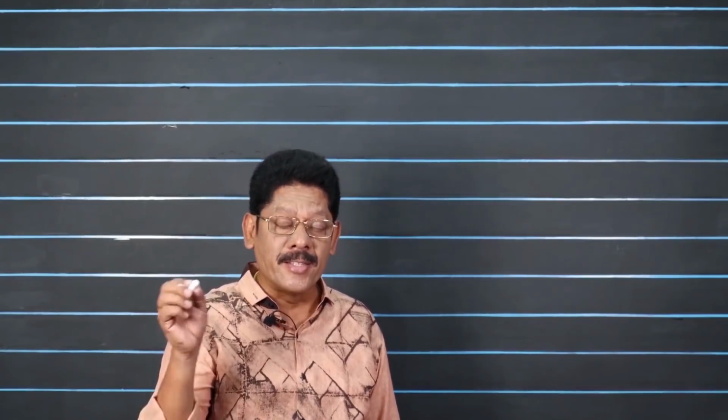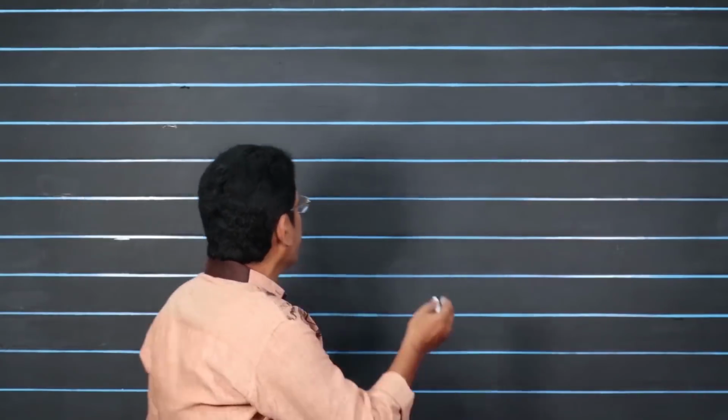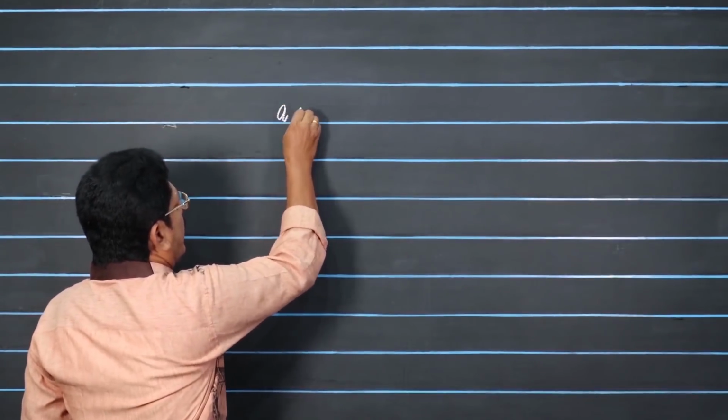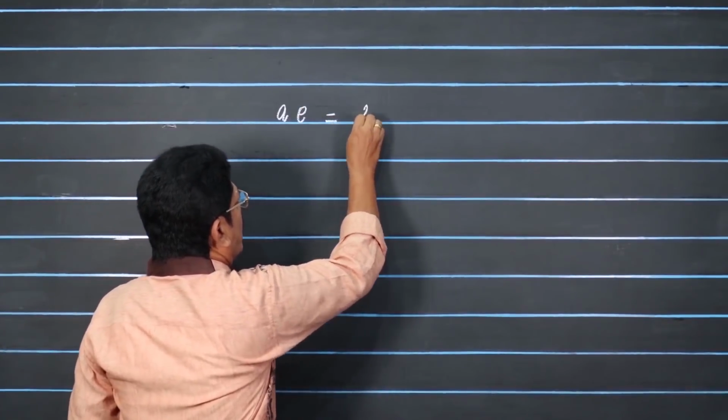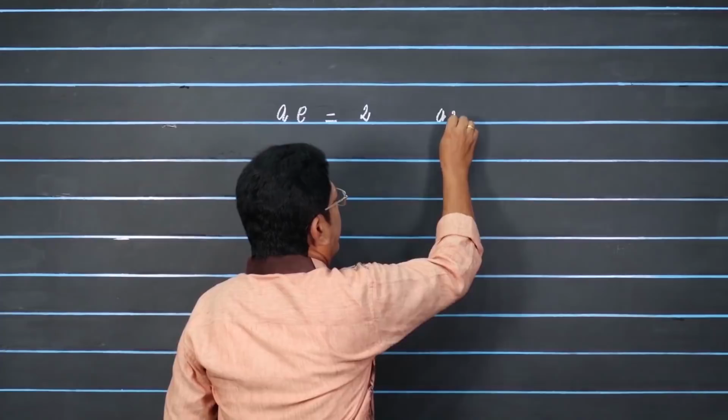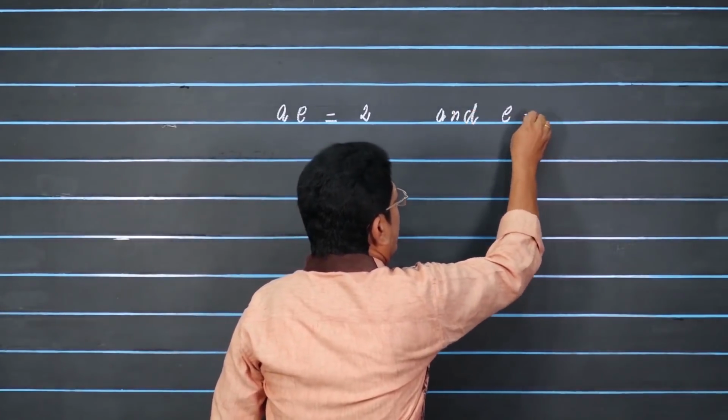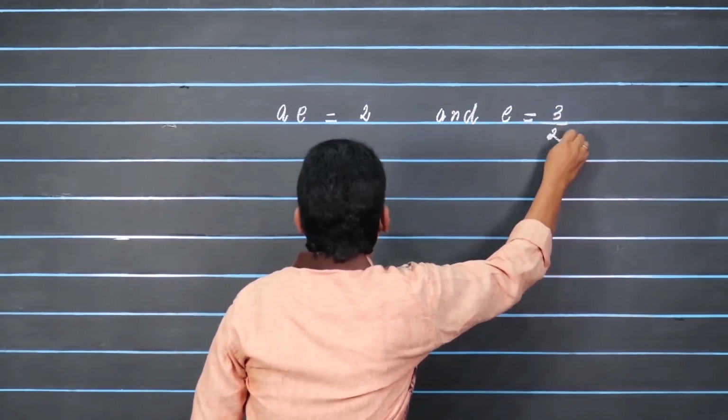Foci S dash is equal to plus or minus 2, 0, which is denoted as plus or minus AE, 0, and eccentricity E is equal to 3 by 2. With the help of foci, AE is equal to 2 and eccentricity is equal to 3 by 2, you can calculate the value of A. AE is equal to 2 and E is equal to 3 by 2.